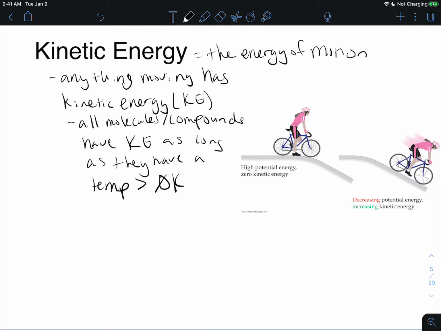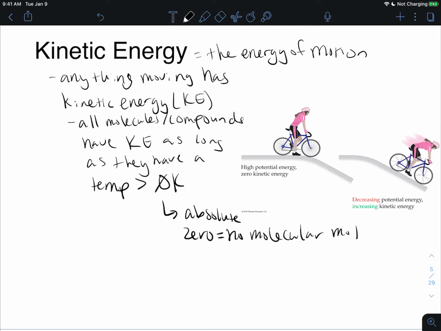So 0 Kelvin is absolute zero. It's defined as the point at which there is no molecular motion. So anything above that 0 Kelvin, you're going to have molecular motion. Our energy equation for kinetic energy is 1/2 mass times velocity squared.